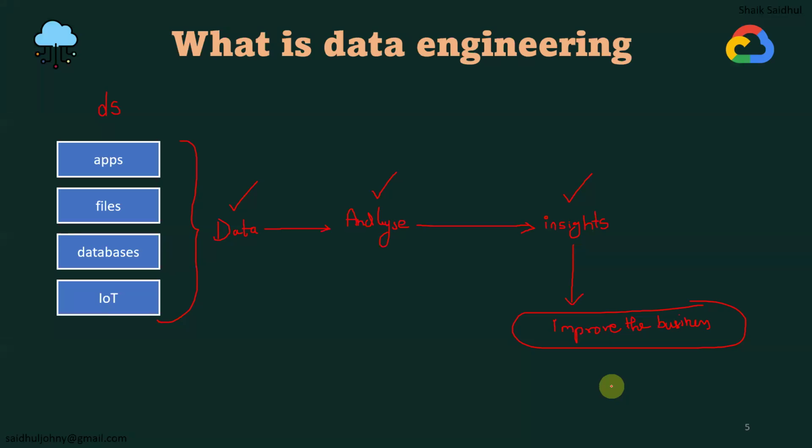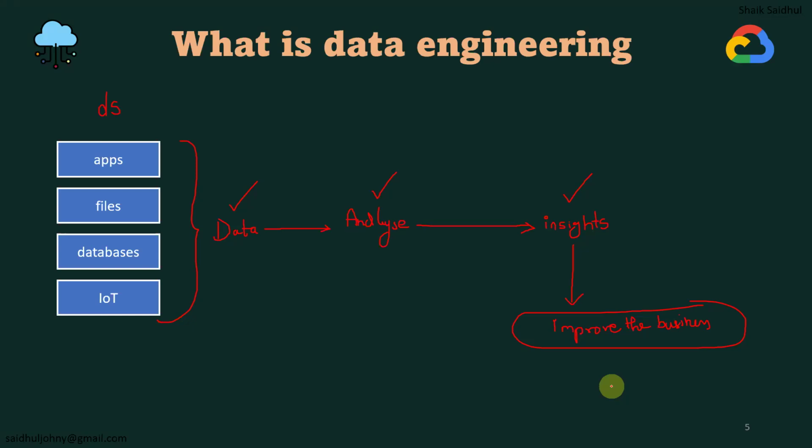If you want to do it, you must analyze the data. In simple terms, this is what data engineering is. In data engineering, you get the data from multiple data sources, analyze it, and get some insights to improve your business. This is the layman term, sir. This is what data engineering is.